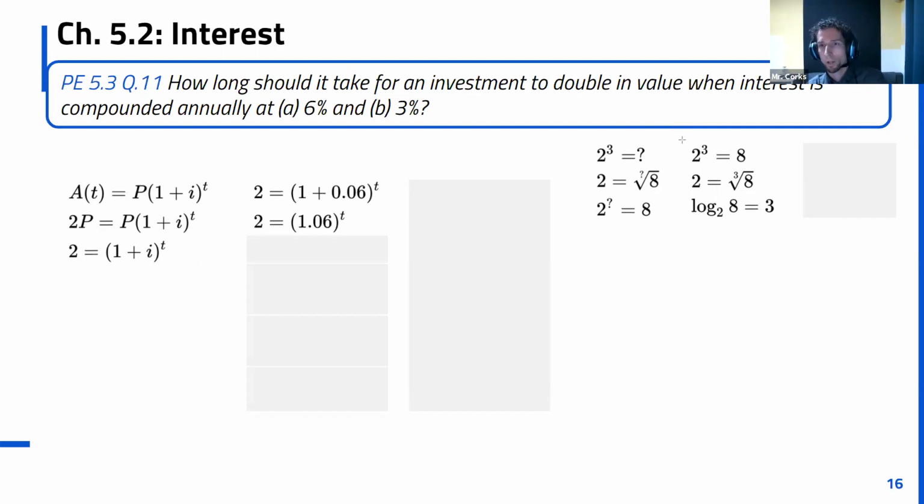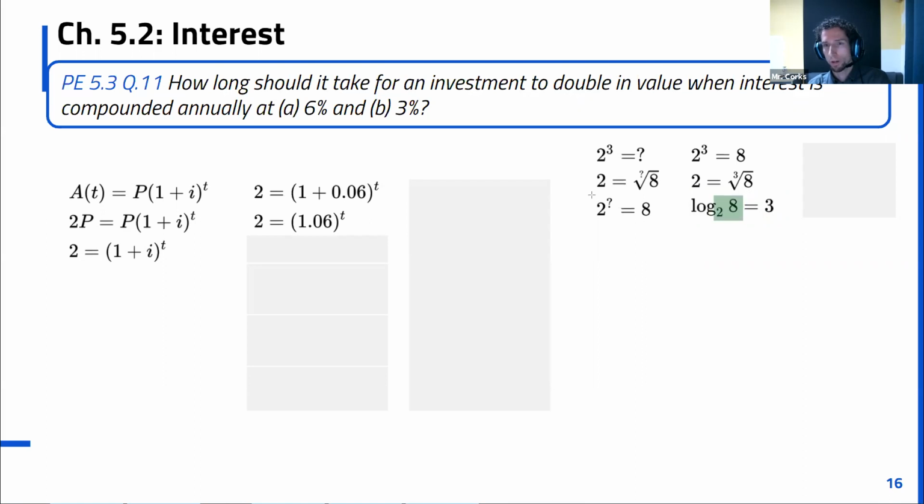Exponents, 2 to the exponent 3 will give us 8. A root, so cube root of 8 gives us 2. And then we have this other option called logarithms to figure out what's the exponent. So this thing here is basically saying 2 to what exponent gives us 8.